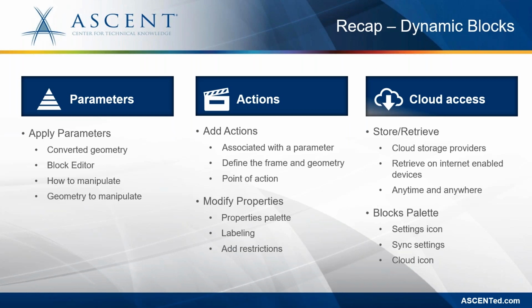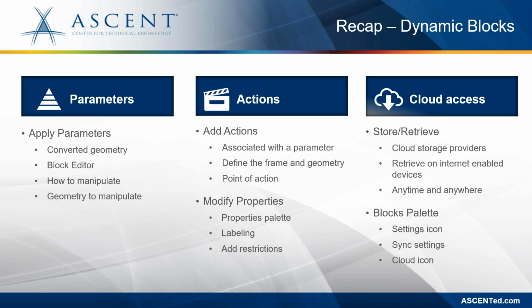That brings us to the second objective for today. For the action, the first and foremost step is to identify the parameter to associate it with. Then you have to define the frame, then the geometry, and finally the point of action. Although this completed the creation of the dynamic block, as you saw, most of the time we need to put some more restrictions and add some control to the dynamic block for it to work optimally.